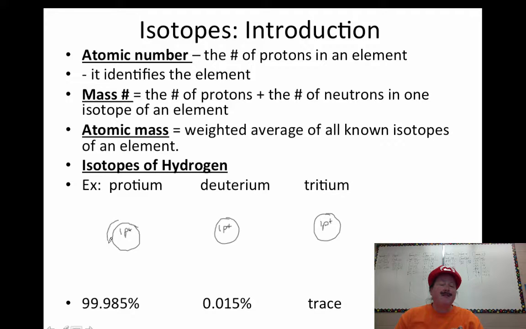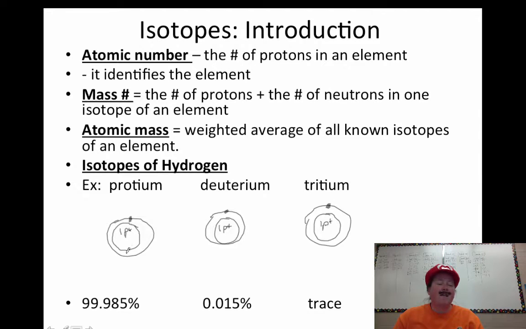And if this is a neutral atom, there will be 1 electron in that first energy level of the atom. So the numbers of protons and electrons stay the same for each isotope. Now the thing that's different is the number of neutrons.